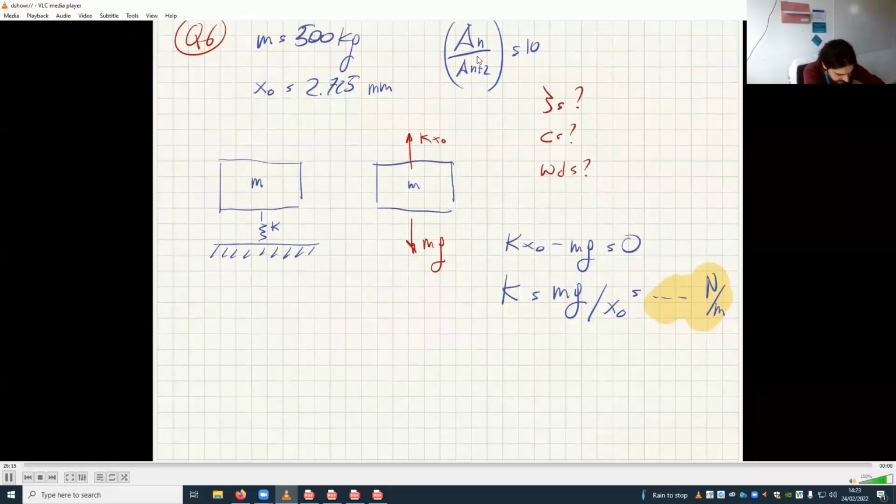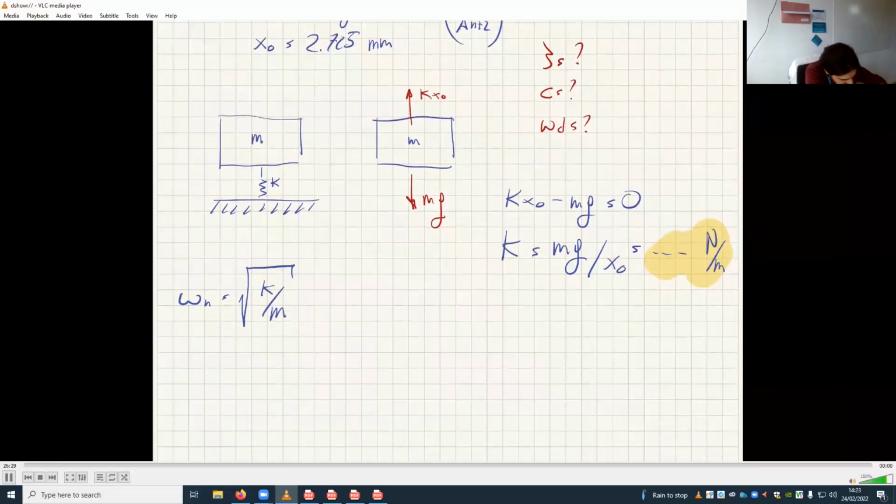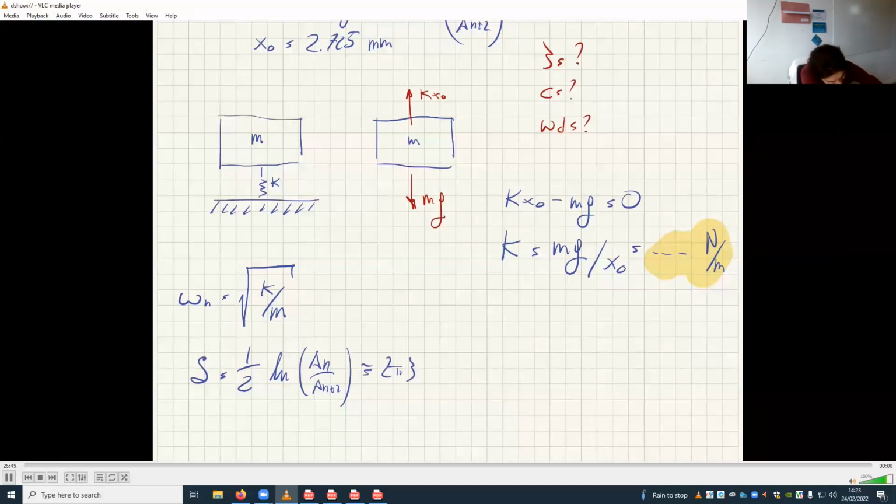And now that we have this, we can easily find omega n, because omega n is the square root of k over m. And then we use the logarithmic decrement, which we use in its general form now, which is 1/2 log of An over An plus 2, equals almost 2 pi zeta. And so we can find zeta being approximately equal to delta over 2 pi.